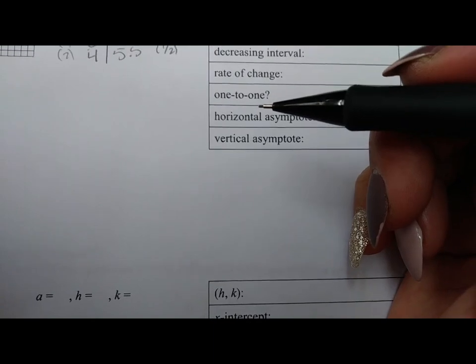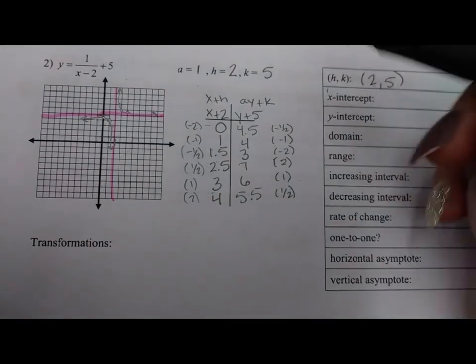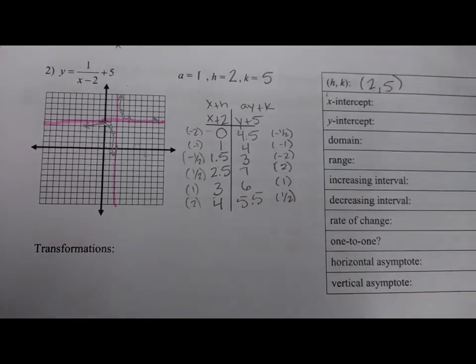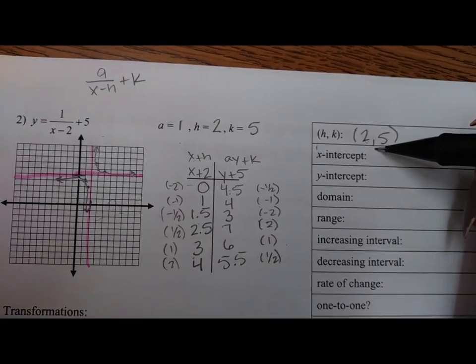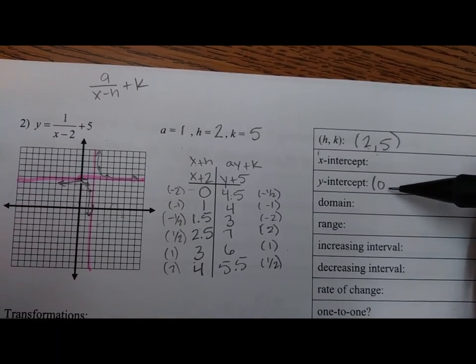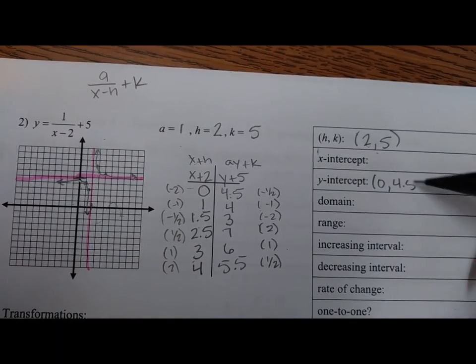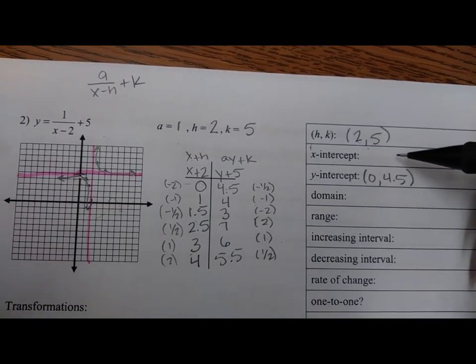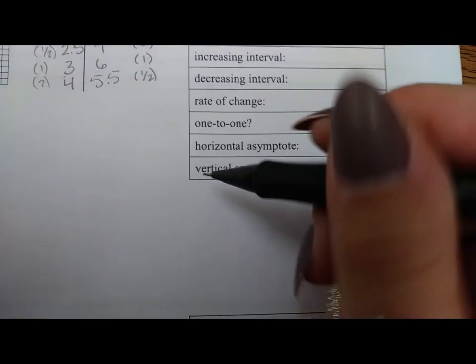Already we know that when x is 0, y is 4.5. So our y-intercept will be 0, 4.5. So the only one we really have to worry about is the x-intercept. So we're going to set y to 0.